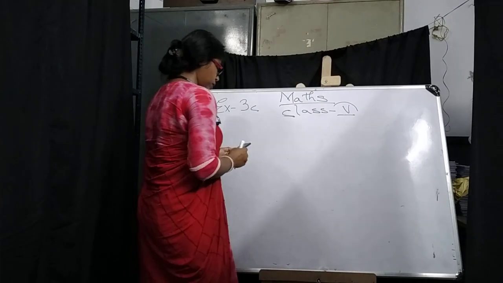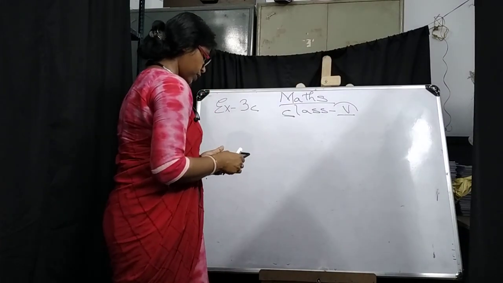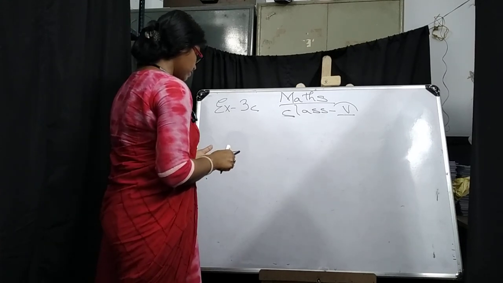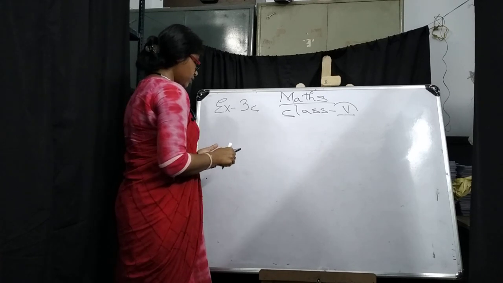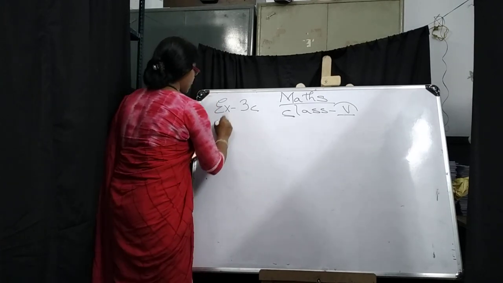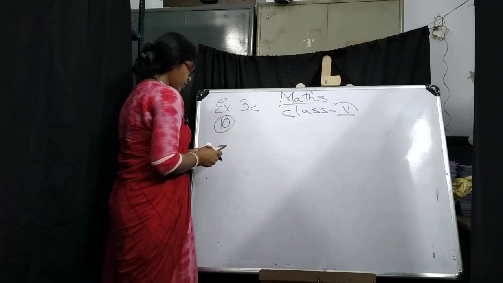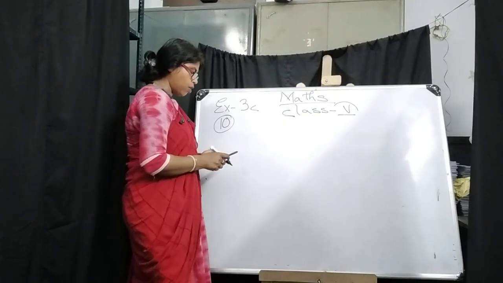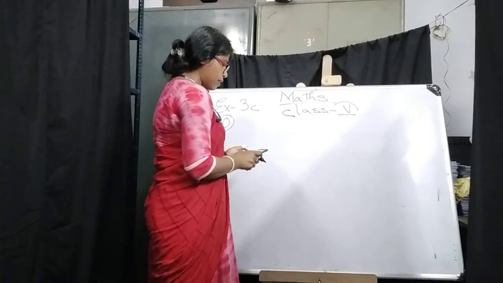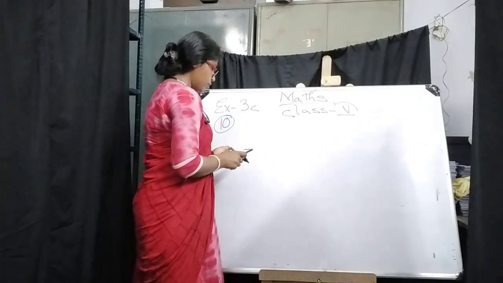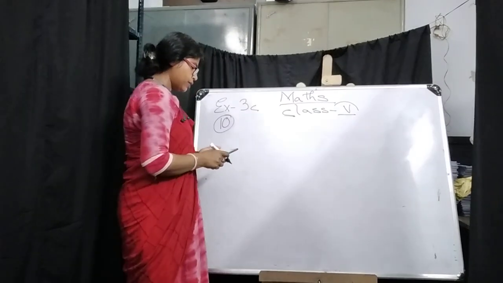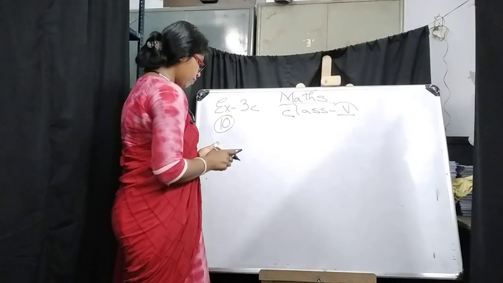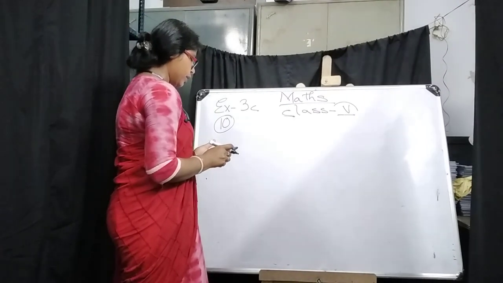Sum number 10. How many minutes will a wheel be turning round 8,95,702 times if it turns 158 times in a minute?